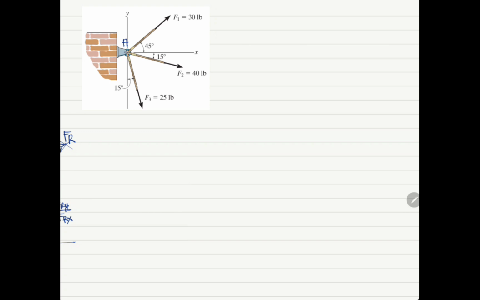So when using rectangular components, we have two equations we can use: summation of forces along the horizontal and summation of forces along the vertical.